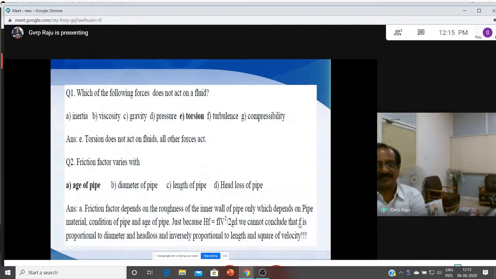Which of the following forces does not act on a fluid? Torsion. All the other forces act on fluid, torsion is entirely different. Torsion does not act on fluids. A typical question.